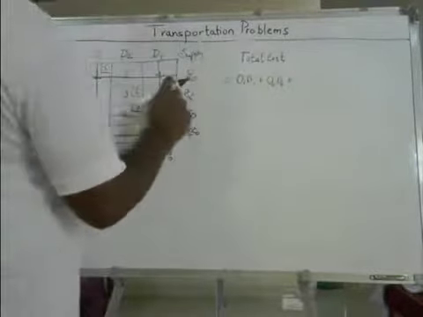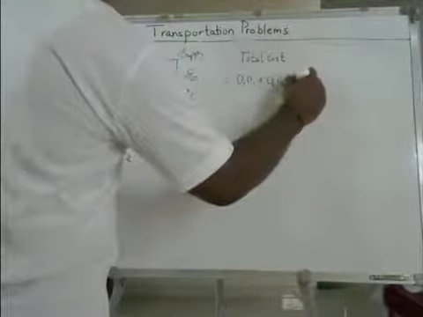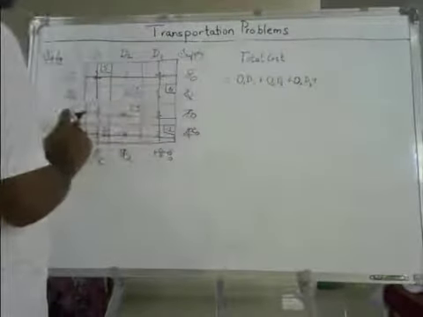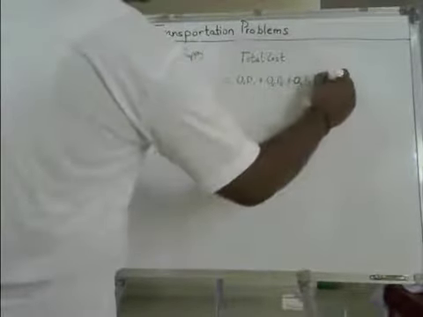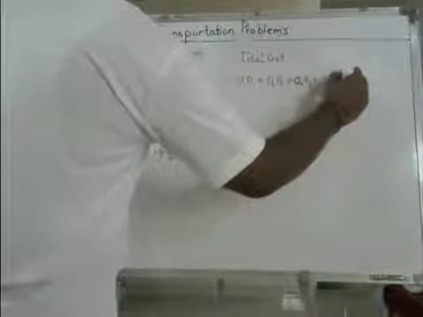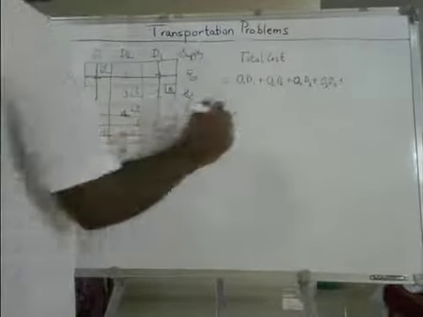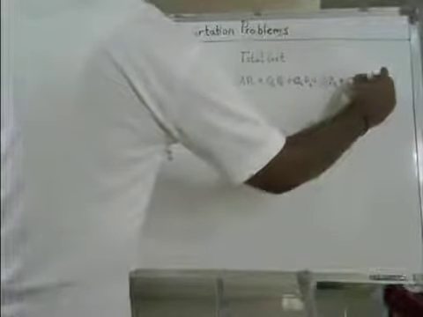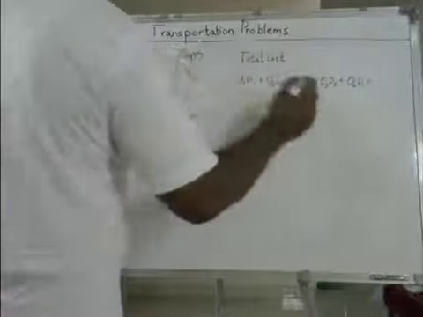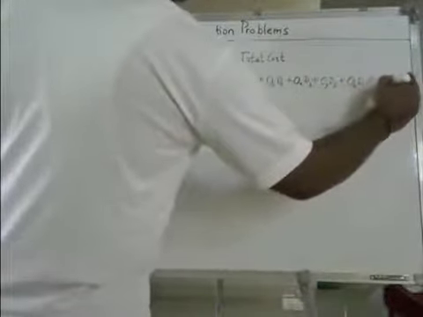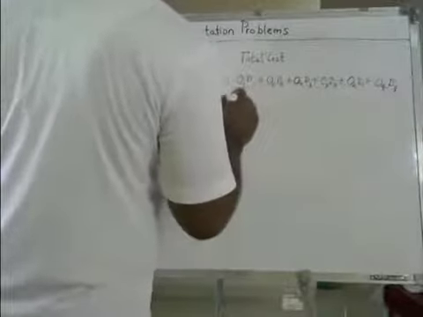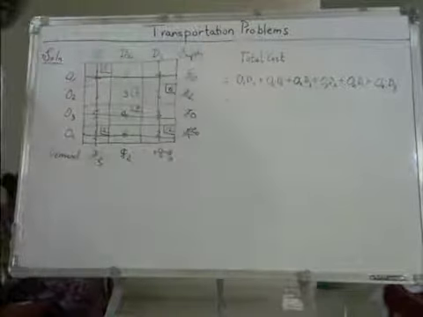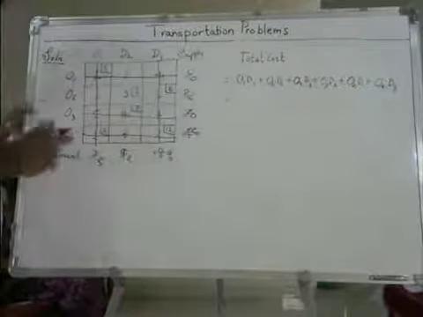Here it is O2 D3 plus O3 D2 plus O4 D1 plus O4 D3. Right? Once having got this, I need to write the numbers here.